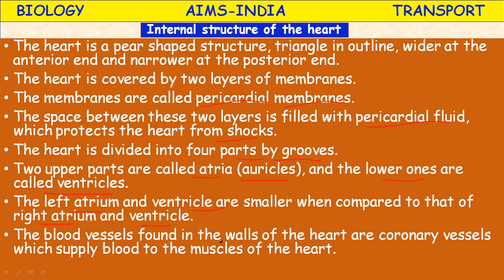Okay, they are subdivided into pulmonary artery and pulmonary vein and systemic artery and vena cava. Like that, 4 main blood vessels are there. Okay, apart from those, the thin blood vessels which supply blood to the heart muscles, they are coronary vessels which supply blood to the muscles of the heart, because heart muscles work continuously, they require more oxygen.